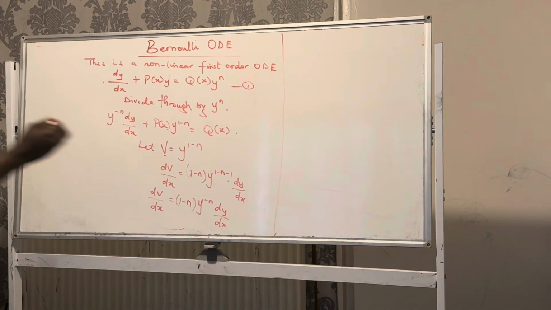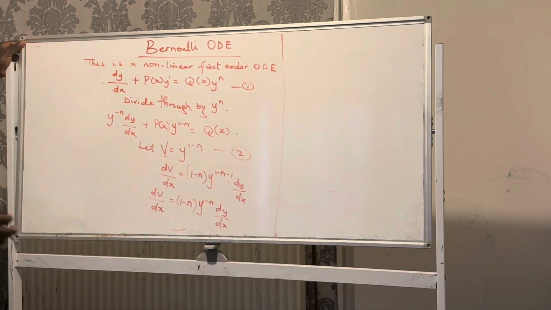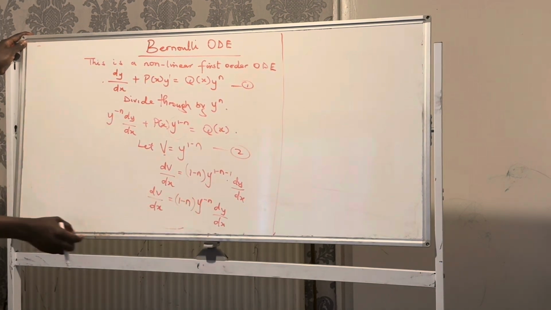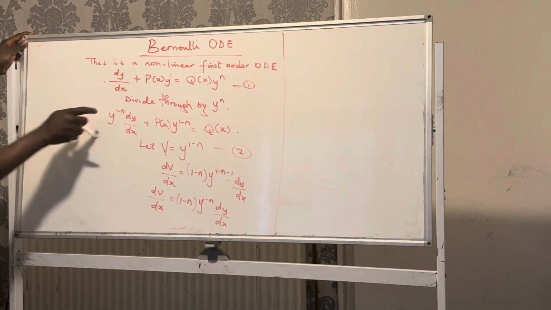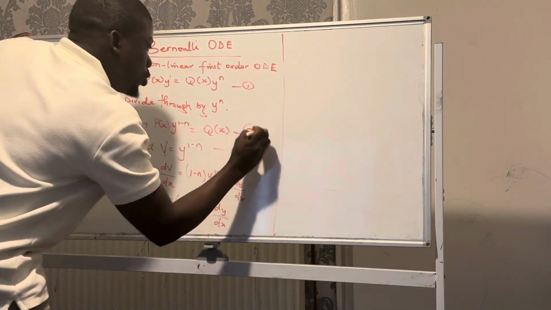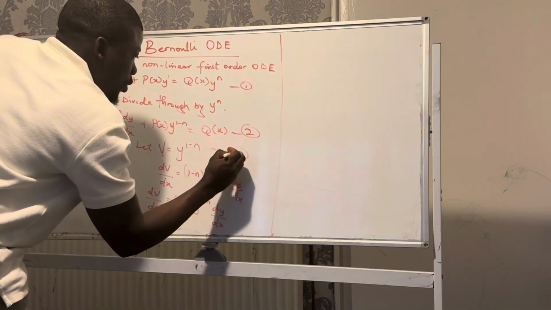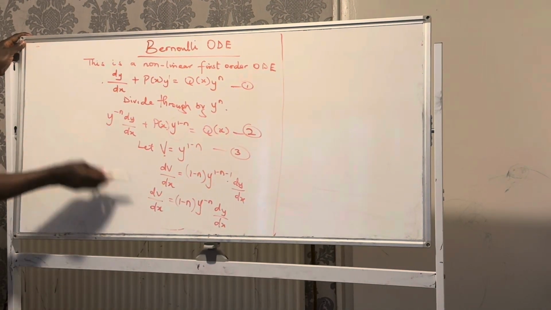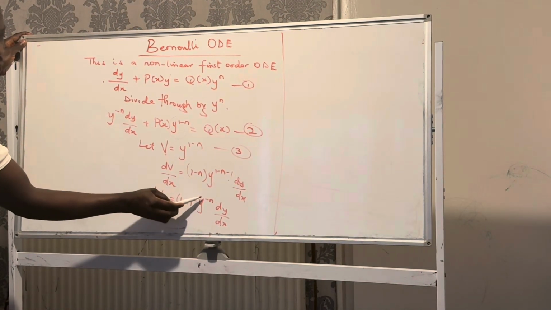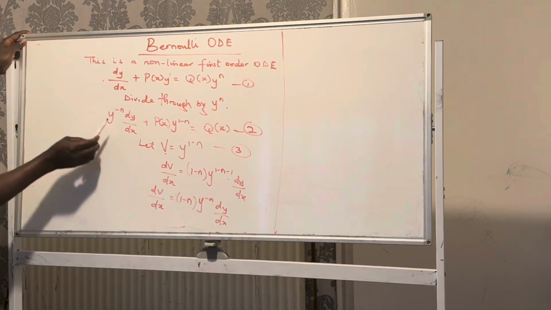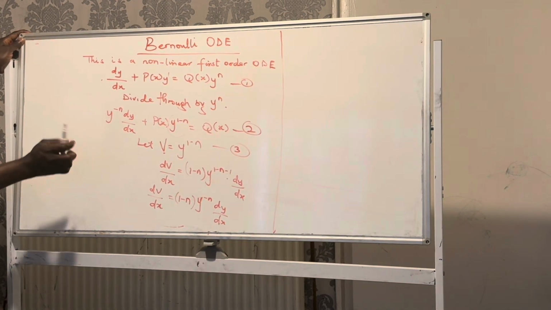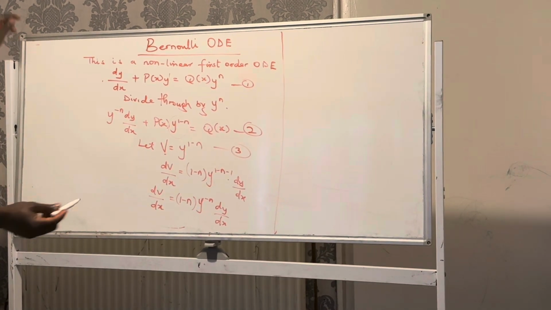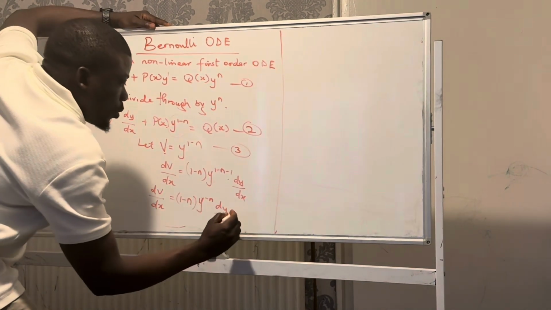Let me call this equation 2, and let me call this equation 3. If you look at equation 2 very well, it is similar to this, because we have y raised to power minus n dy/dx here, and y raised to power minus n dy/dx here. So all we need to do is to make our substitution. Let me call this 4.